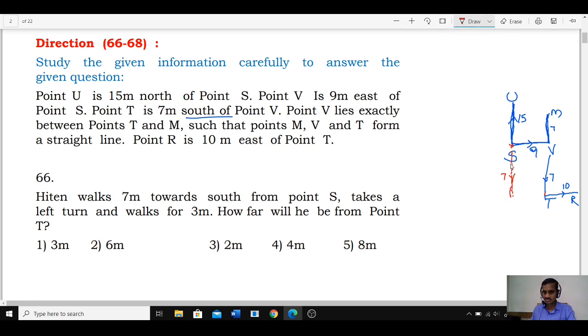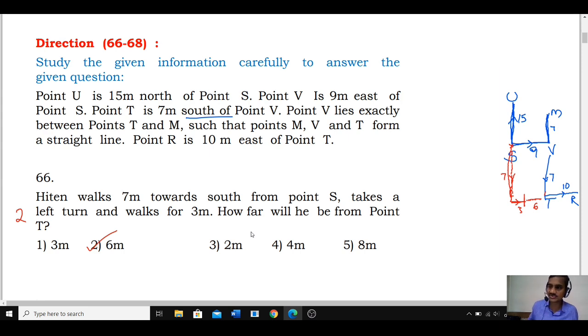After reaching this place, Hithin covered 3 meters on the left hand side. Out of this total 9, this person has covered only 3 meters. How far will he be from point T? Out of this 9, he has covered only 3, so how much is left over? 6 meters. And 6 meters is given in the choices for question number 66.